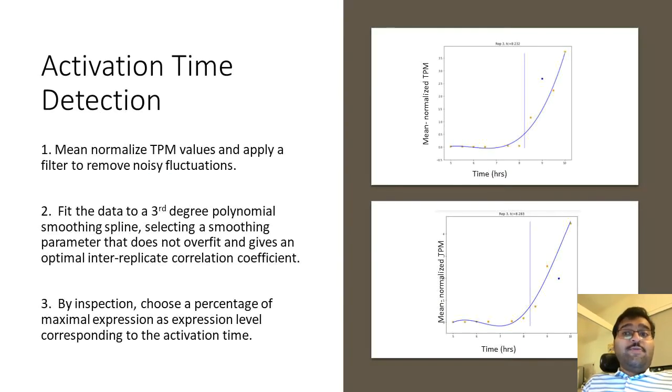And so having removed these noisy points, the next step was to fit a function to the remaining points. And the most logical function choice was a smoothing spline. So the smoothing spline allows us to produce a fitted curve without making any underlying assumptions about what the shape of that curve should be.